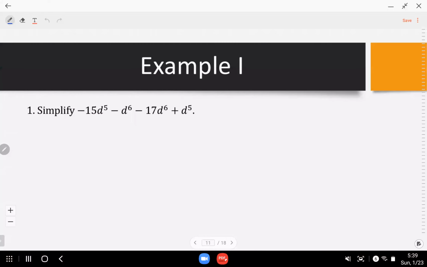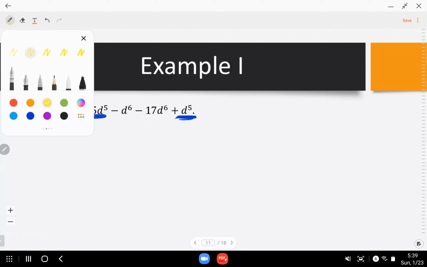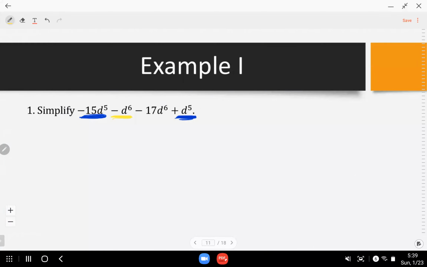Negative 15d to the fifth. What you need to do is use different colors to highlight these like terms. So you have d to the fifth right here, and make sure you don't combine d to the sixth and d to the fifth, because they don't have the exact same exponents. Let's take another color for d to the sixth. Basically, just combine these terms.